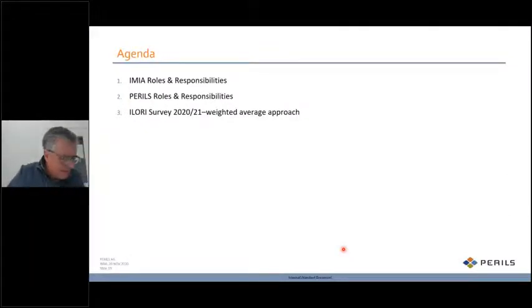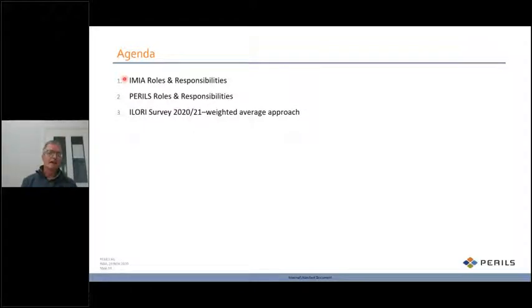So this new role of Perils within the entire survey process shows also the need to clearly define who is doing what. So there is a split of roles and responsibilities between IMIA and Perils. I will expand on that a little bit more in detail.